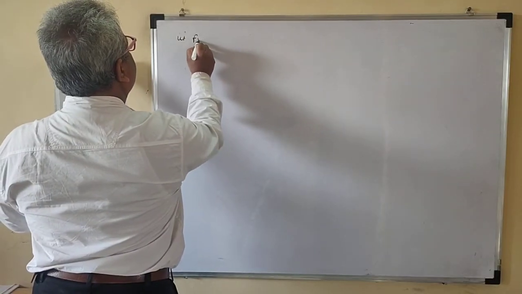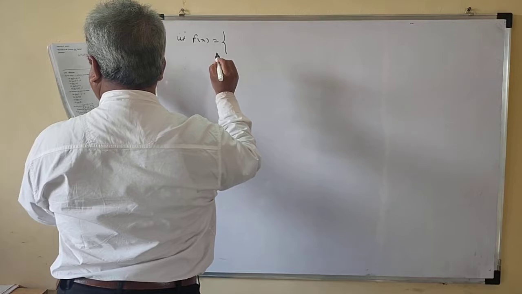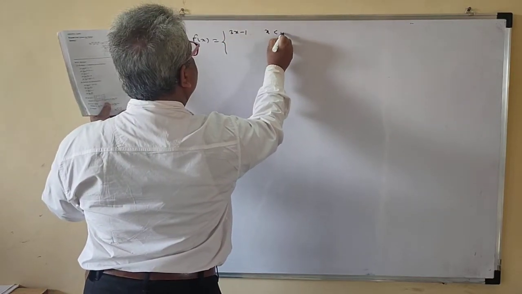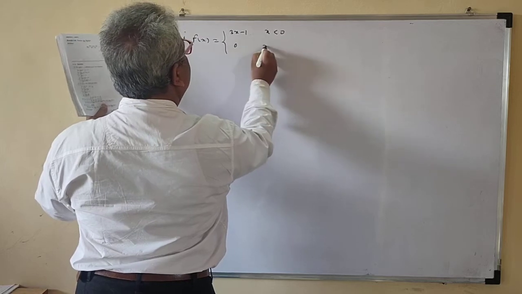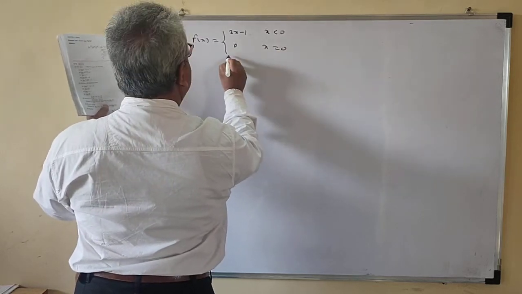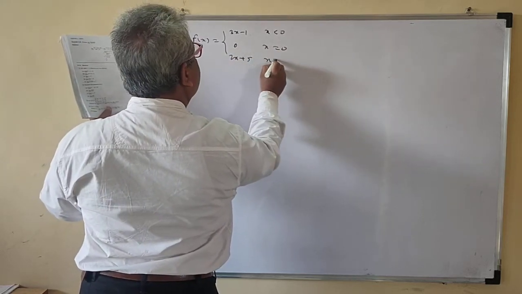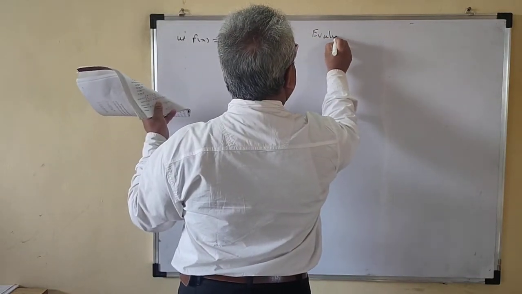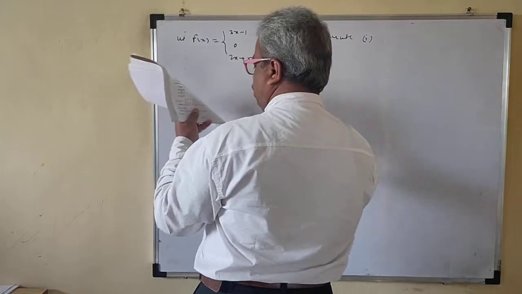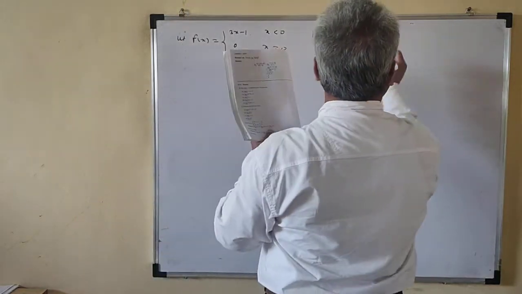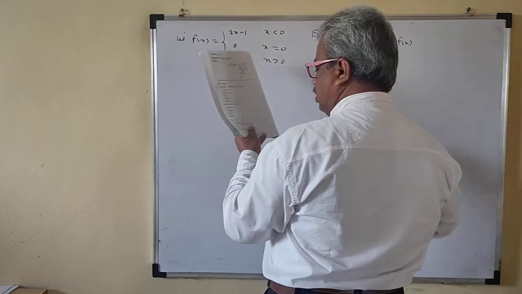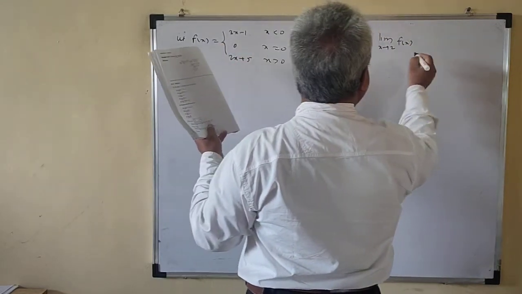Let f of x be equal to 3x minus 1 if x is less than 0, 0 if x is 0, and 2x plus 5 if x is greater than 0. Evaluate: one, limit x tends to 2, f of x.